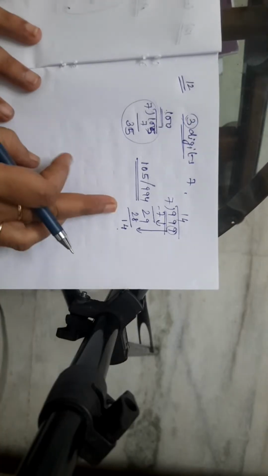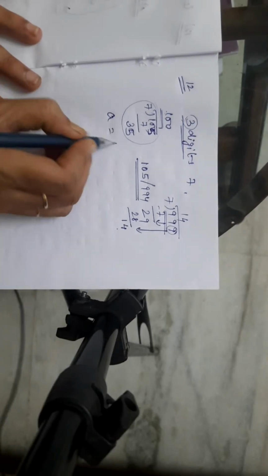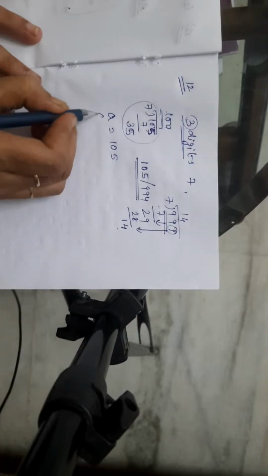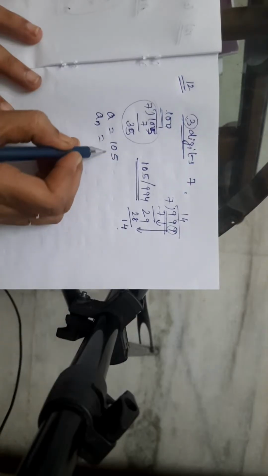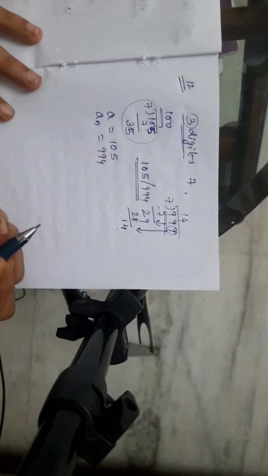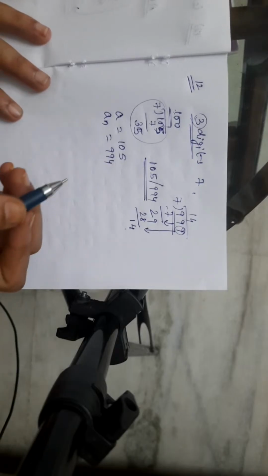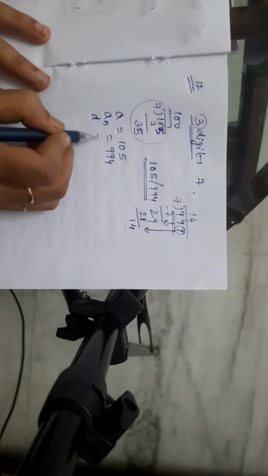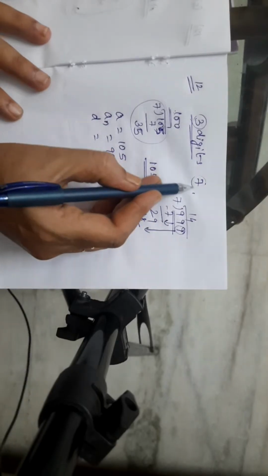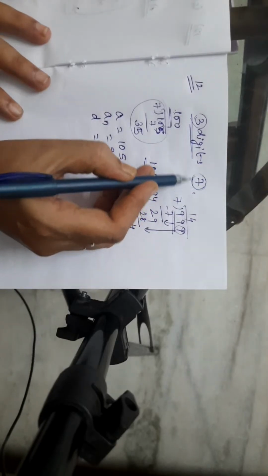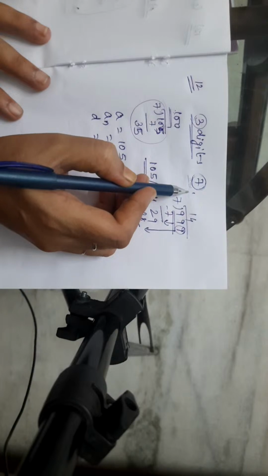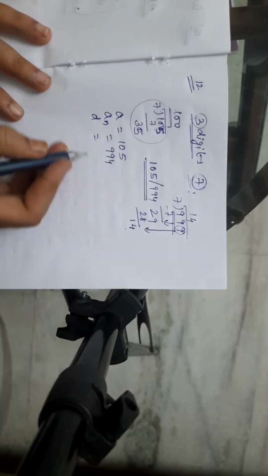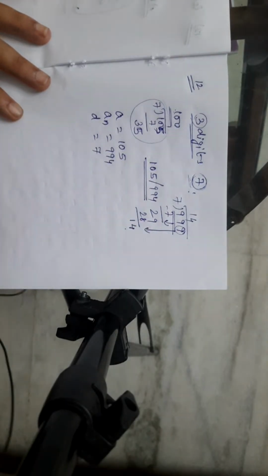So let's move on with the equation. A is 105, and an, the last term, is 994, the 3-digit number divided by 7. As we are using the difference as 7, numbers are being divided by 7, so the common difference will be 7.